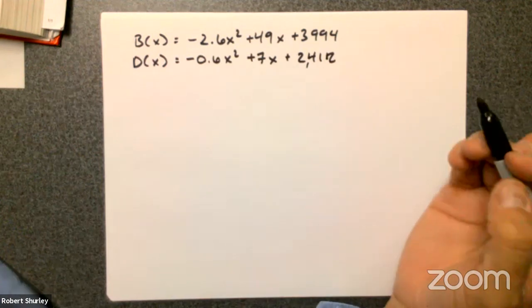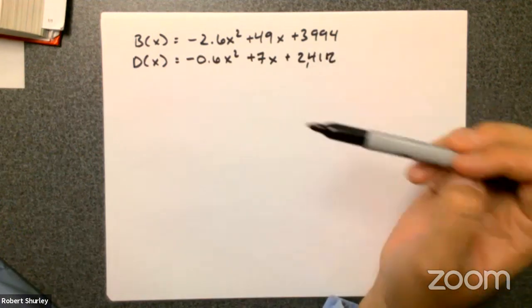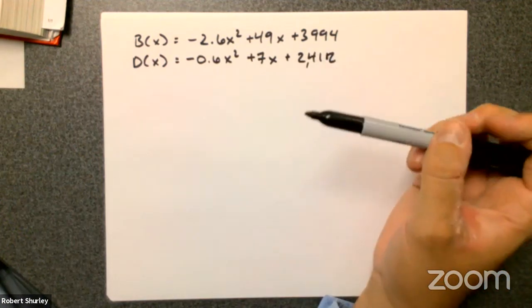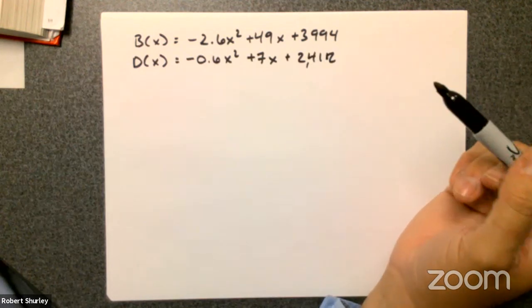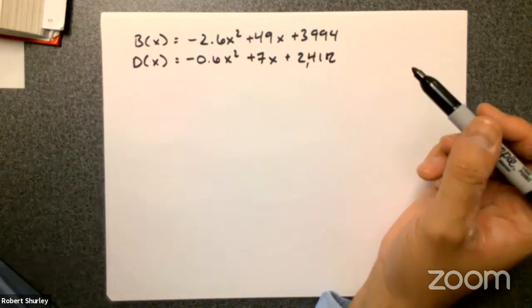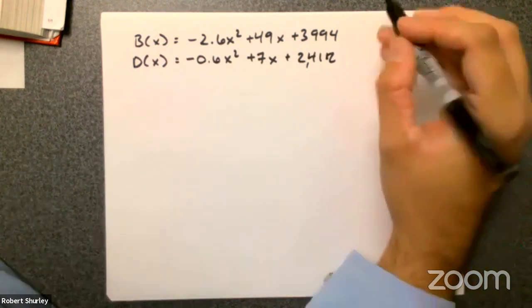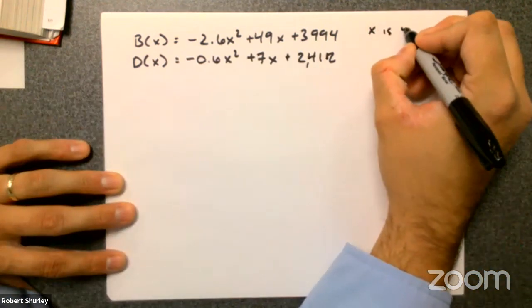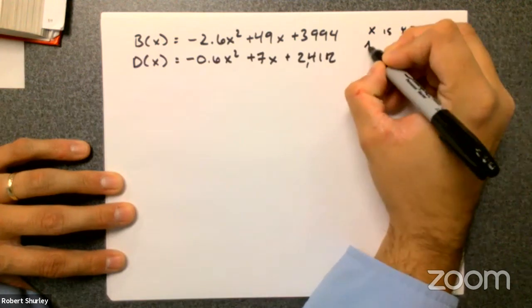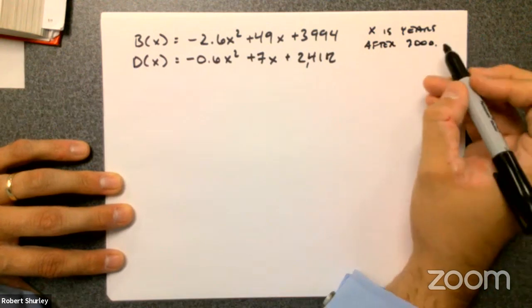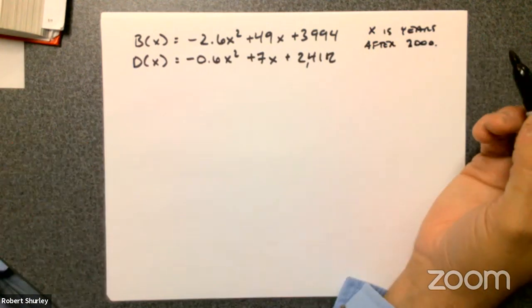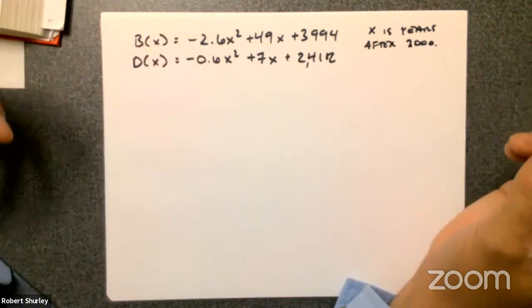Welcome back, Sherry. So now the question states, A, write a function that models the change in U.S. population for the years from 2000 through 2009. It says that x is years after 2000, so 2002 would be 2, and 2012 would be 12.